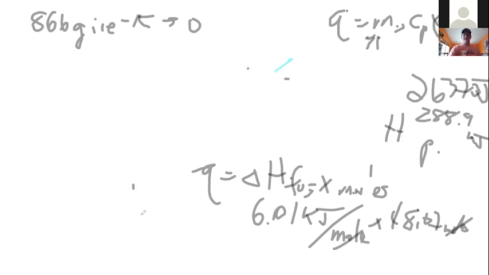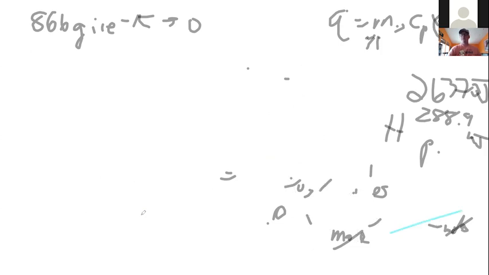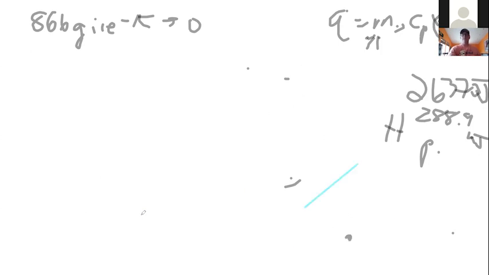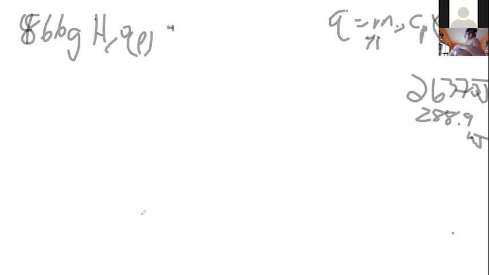I have 866 grams of liquid water at 0 degrees C. So what do I need to do next?